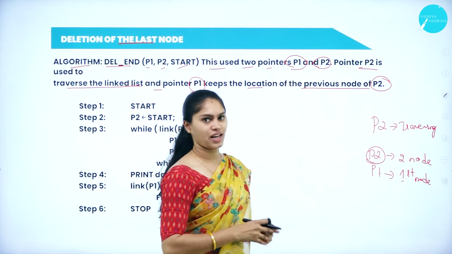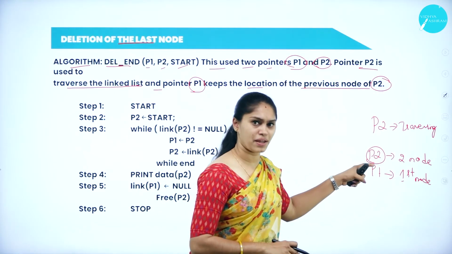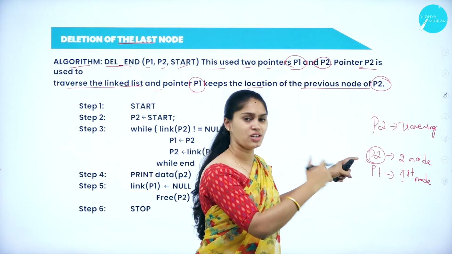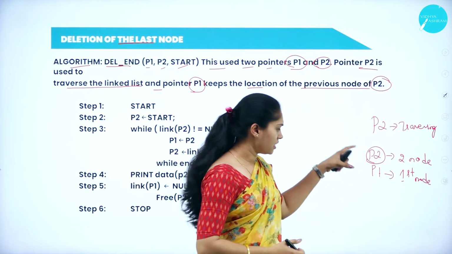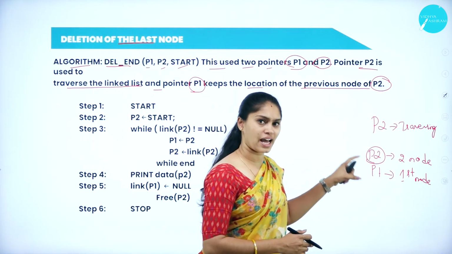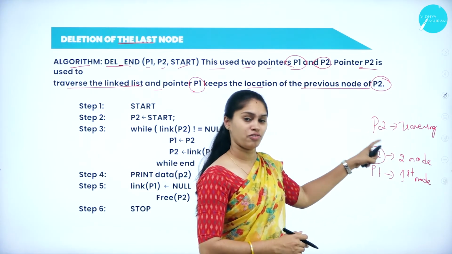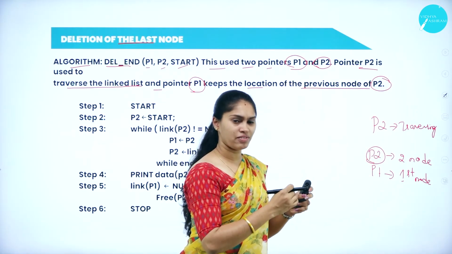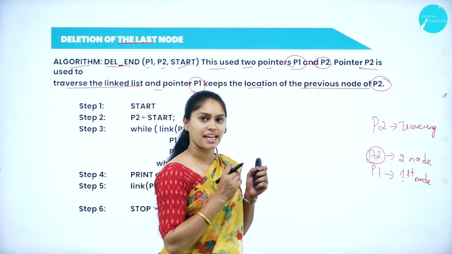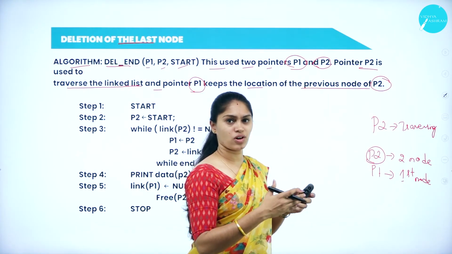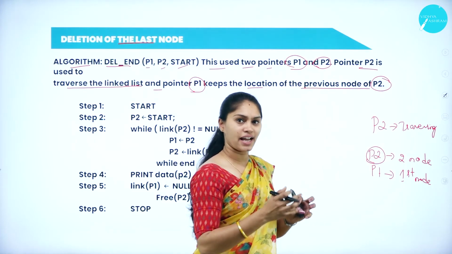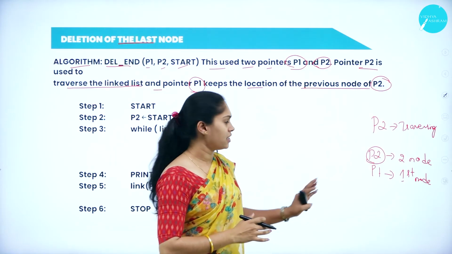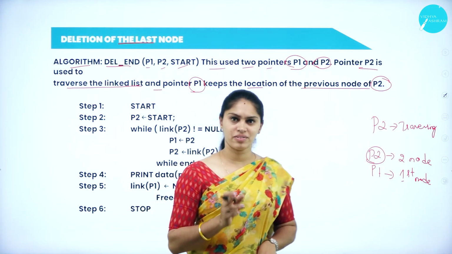That is the reason for using P1 and P2. So P2 is used to traverse from the first node to the last node, and P1 will hold the address of the previous node of P2. If P2 is in the third node, then P1 will hold the address of the second node. If I delete node 3, N3, then P1 will hold the address of N2. For that purpose we require P1 and P2.